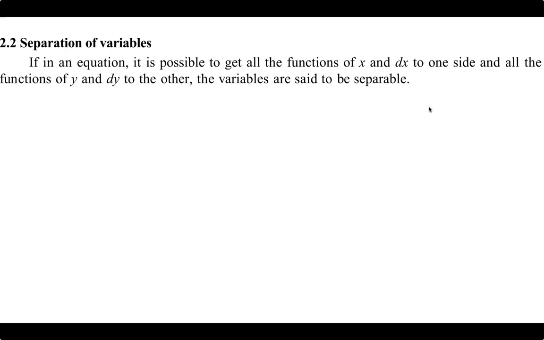If in an equation it is possible to get all functions of x and dx to one side and all the functions of y and dy to the other side, then we say that those variables x and y are separable in that equation.